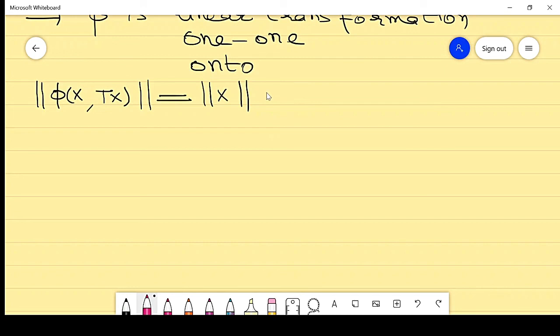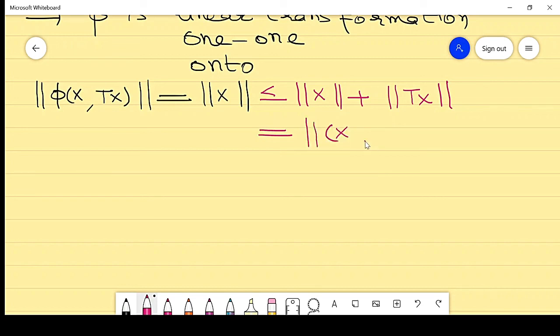Now this can be written as norm of x plus some positive number, which is norm of Tx, right? Now what is this? It is the norm of (x, Tx). So this is the definition.